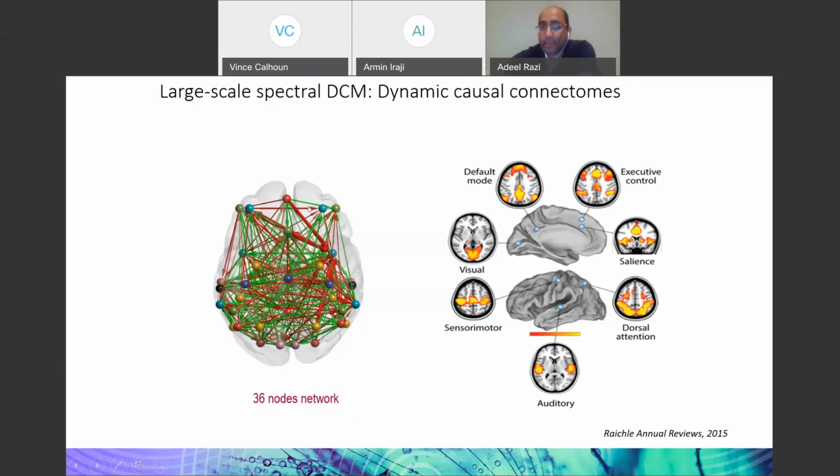Here you can see the directionality, and you can also see that there are 2 different sorts of connections: the green ones are excitatory connections, and the red ones are inhibitory connections. This is more information than you can get from a functional connectivity connectome, because there you don't have directionality and you don't have the heterogeneity of the connection type.